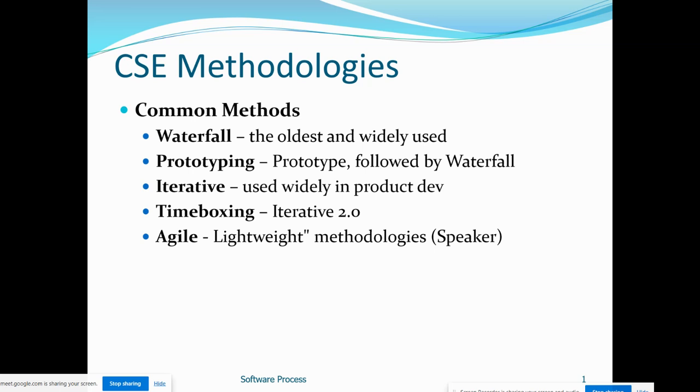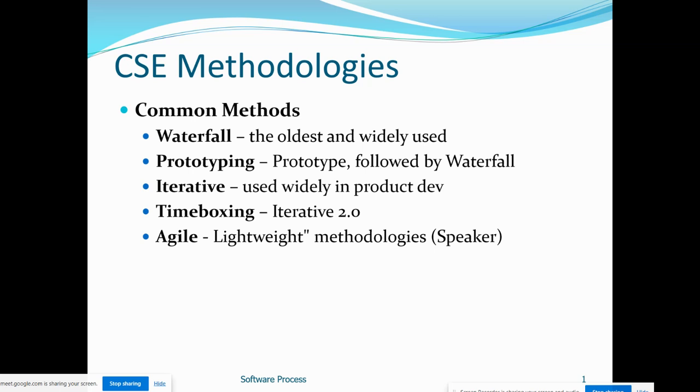We have seen basic SDLC and the purpose of the phases in SDLC. The topics I covered yesterday are from Unit 2 as well as Unit 1. The titles will be available in Unit 2, but some of the topics are interlinked in Unit 1. Those things we have discussed yesterday.